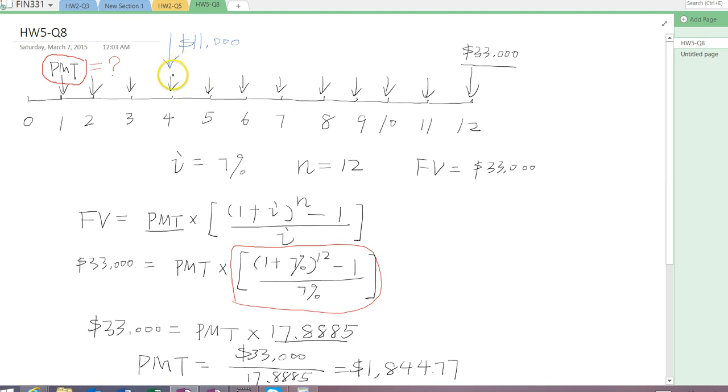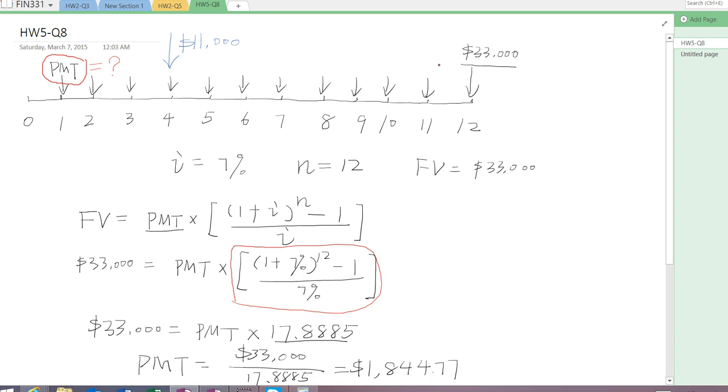But now the additional twist compared with part A is we have this single payment by the end of year 4, $11,000.